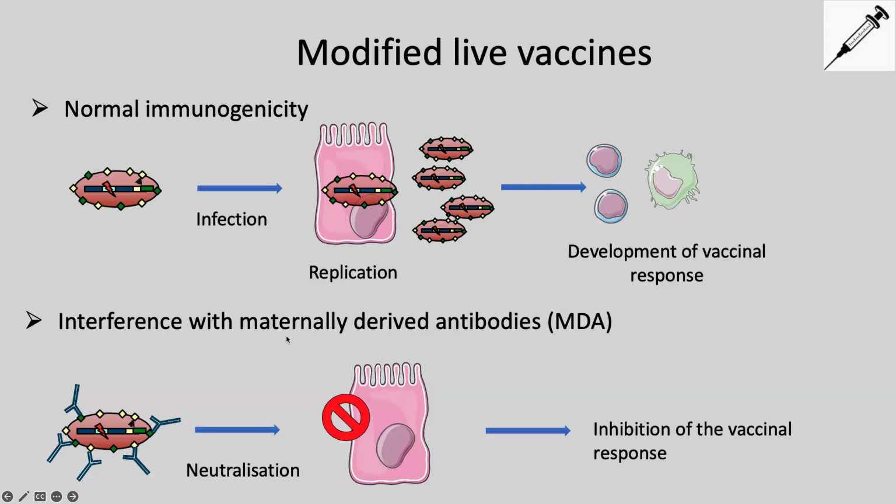But if we have maternally derived antibodies, they will prevent the infection of the cells by the vaccine, and they will prevent the replication of the vaccine. And then there will be no activation of vaccinal immune responses.